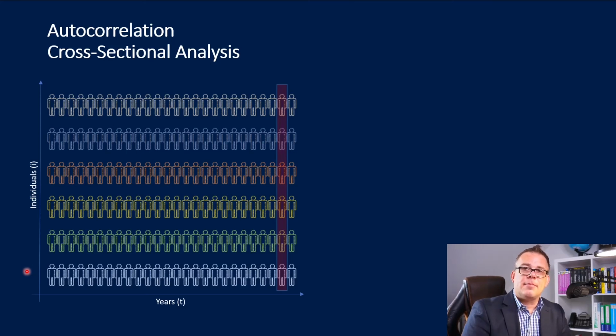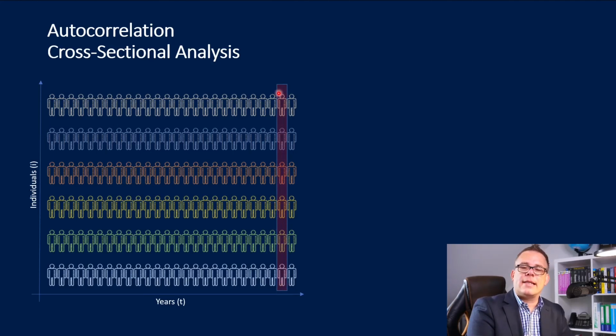Cross-sectional analysis means that we check many individuals or many observations, but all at the same time. If we look at this graph here, we see different individuals. This is our first individual, this is our second, our third, and so on. With cross-sectional analysis, we maybe ask those people, we make a survey, but all of them at the same time.